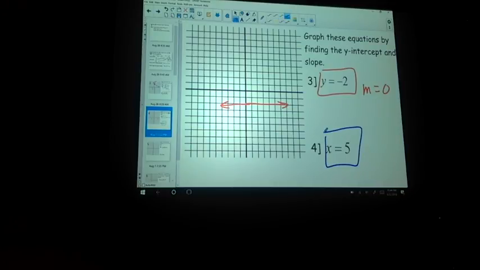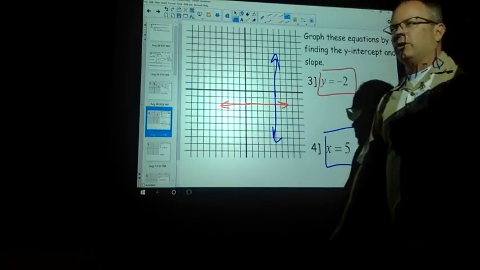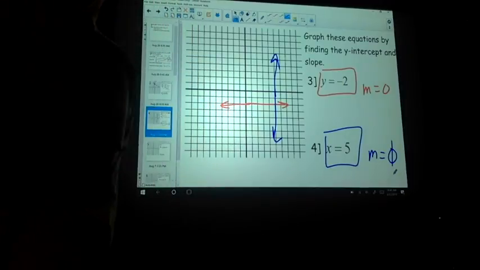I know it's straight. Vertical, so 1, 2, 3, 4, 5. The slope of this is undefined. This slope means you're dividing by 0. Dividing by 0 goes along with limits, and we'll start dealing with that in pre-calculus and calculus.